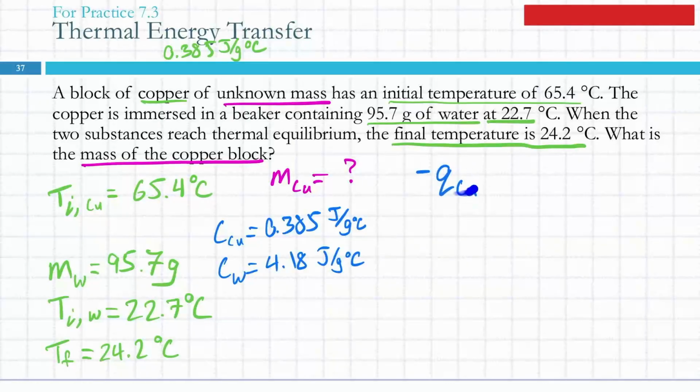The heat of the copper is going to be some negative sign. It doesn't matter which side the negative is really on, but the Q copper is going to be a negative, and that's going to be equal to the amount of heat that the water gains. So we're setting these two as opposites to each other, and there's a negative sign. So the heat that's lost by the copper is going into the water.